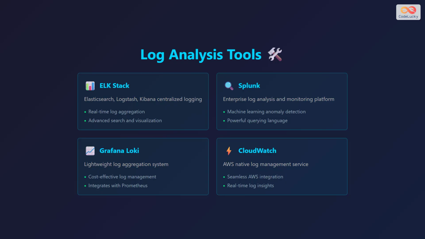CloudWatch is Amazon Web Services' native log management service that seamlessly integrates with AWS infrastructure. These tools help you search terabytes of logs, correlate events across services, and spot patterns that would be impossible to find manually. For large-scale systems, investing in one of these platforms is often essential.